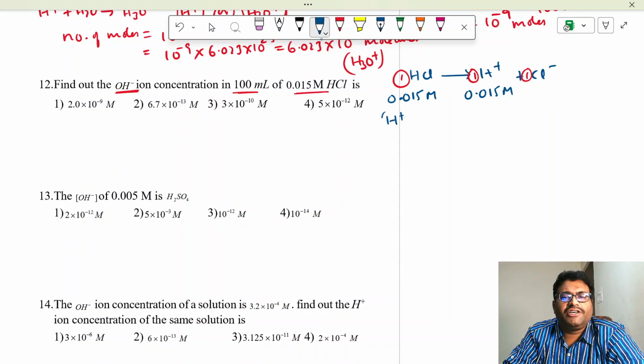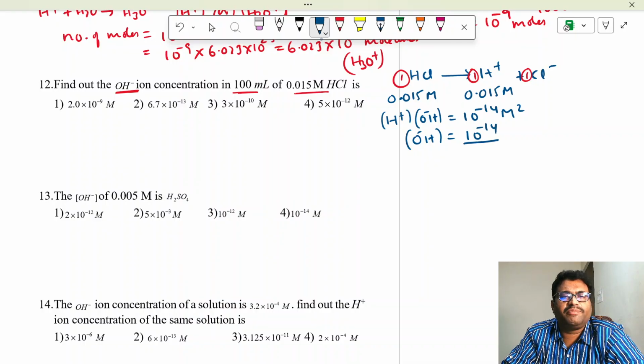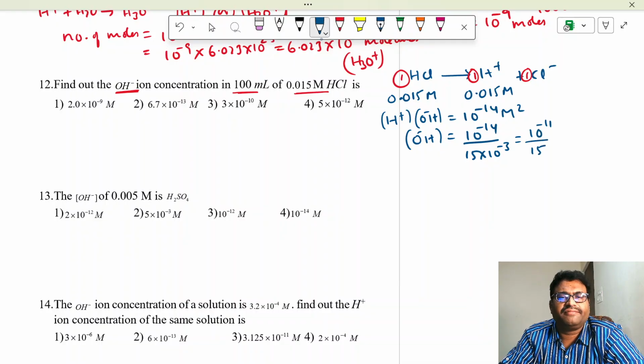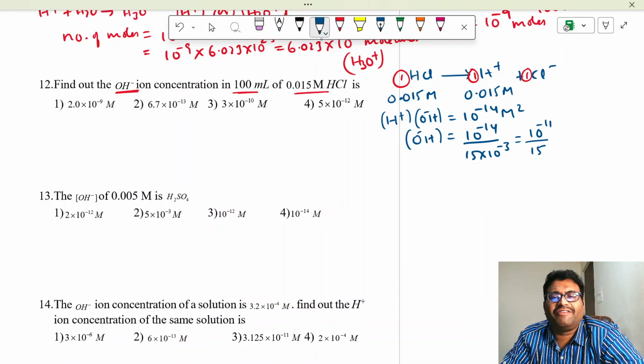H plus into OH minus concentration is equal to 10 power minus 14 molar square. Then what is asked? OH minus. OH minus is equal to 10 power minus 14 by H plus, which is 15 into 10 power minus 3. I can write it as 10 power minus 11 by 15. 0.015 can be written as 15 into 10 power minus 3.